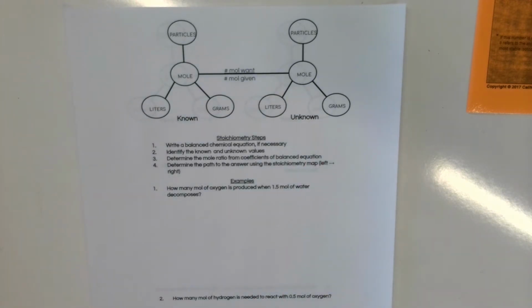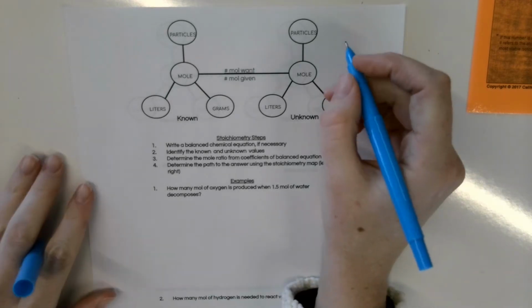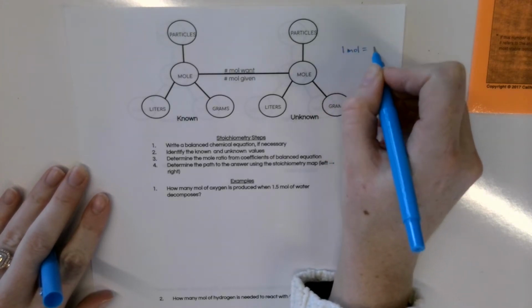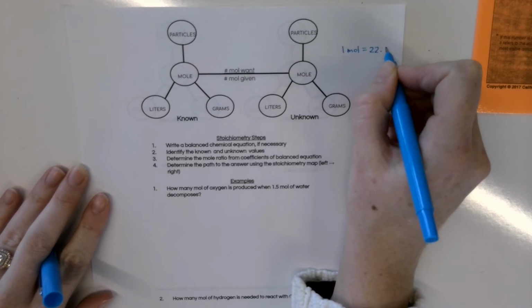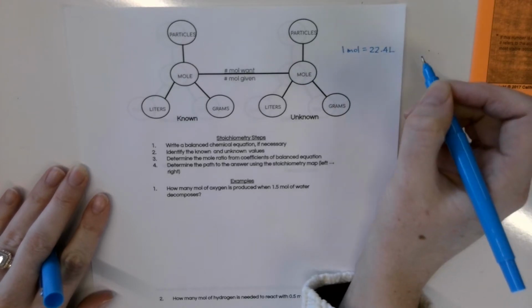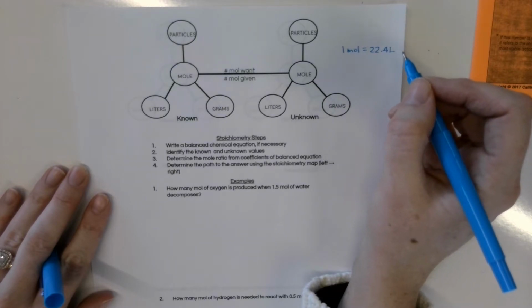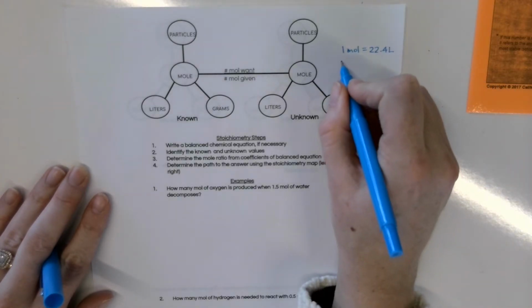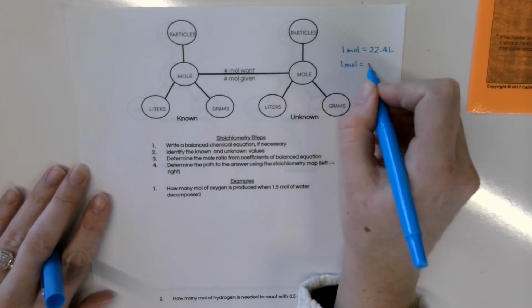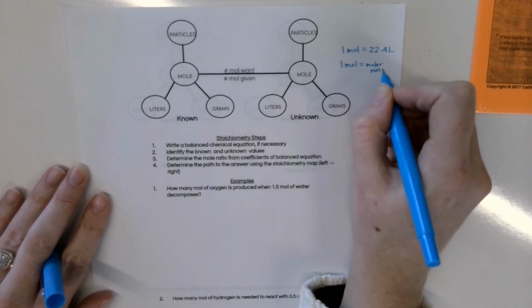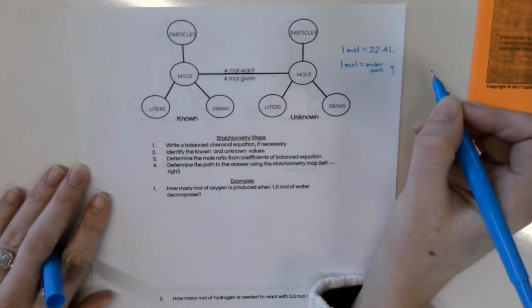And like I told you all yesterday, you have already done the bulk of the work for stoichiometry because you already know, and I'll write these here, 1 mole equals 22.4 liters of a gas at STP. And all of our calculations are going to be at standard temperature and pressure. We also know that 1 mole is equal to the molar mass in grams.